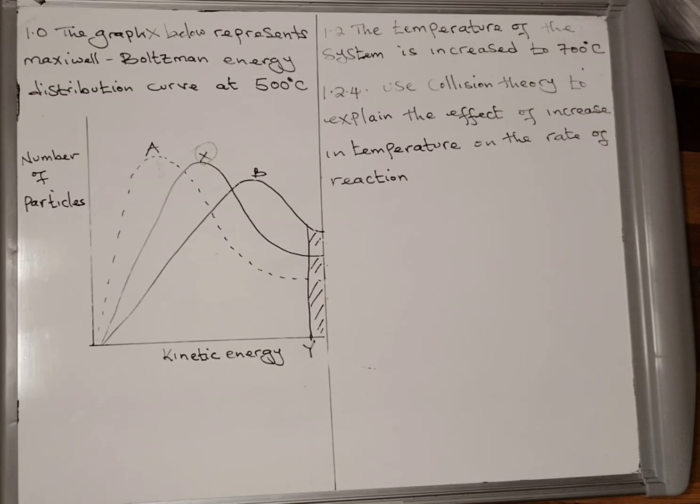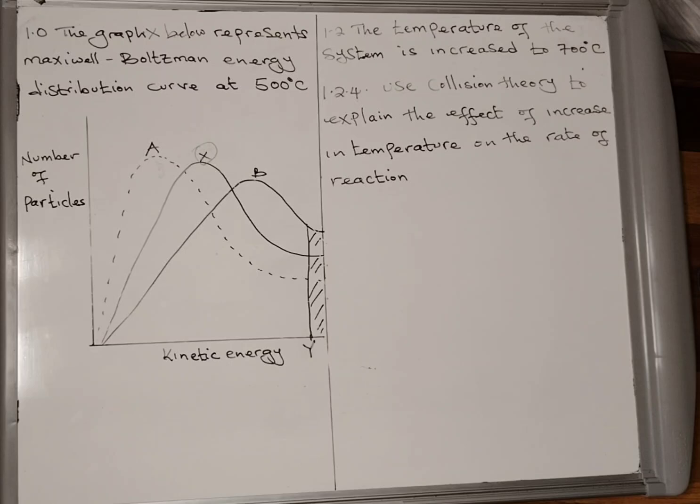What explanation does the collision theory give upon that statement? First of all, you have to know what collision theory is. According to the collision theory, for a reaction to take place, the particles must collide with the right orientation and correct amount of energy.